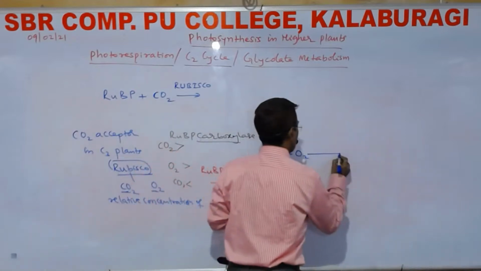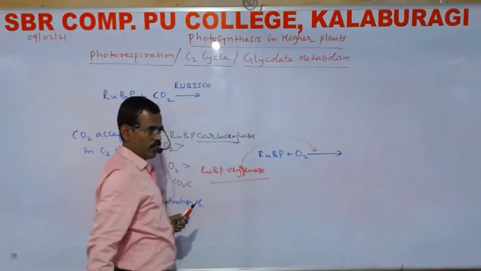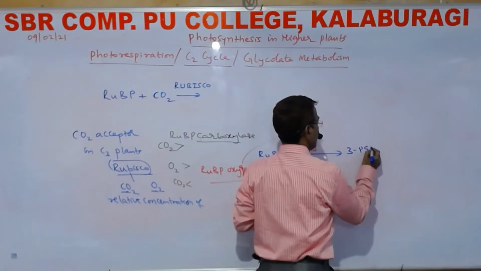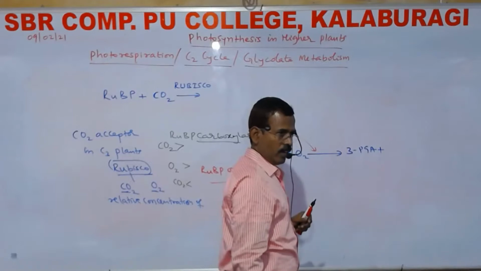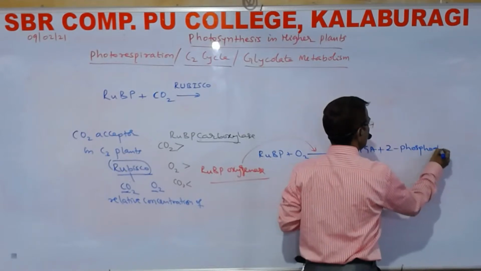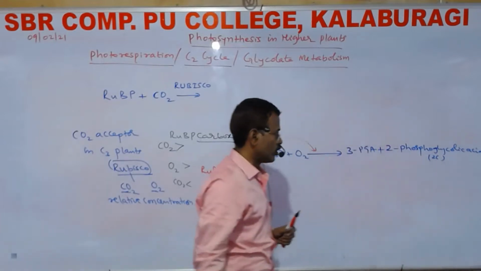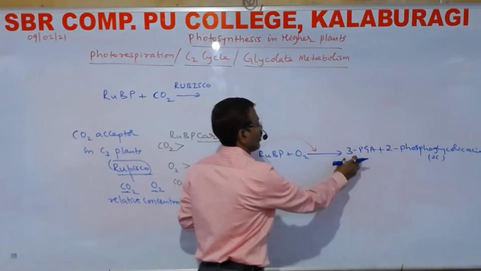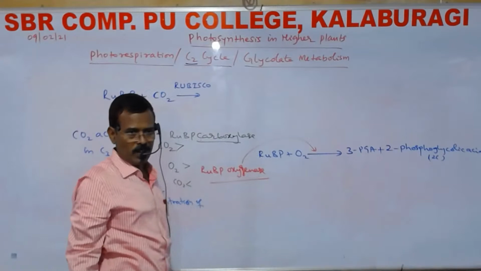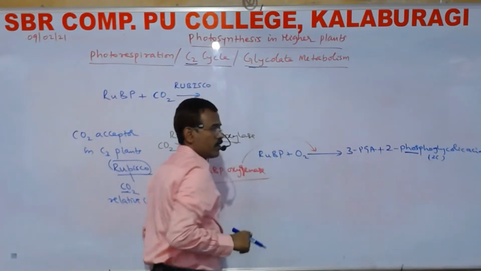This is catalyzed by RuBP oxygenase enzyme, and it results in the formation of 3-PGA and 2-phosphoglycolic acid. This is a 2-carbon compound. That's why this pathway is known as C2 cycle or C2 pathway. Since phosphoglycolic acid is produced, it is glycolate metabolism.